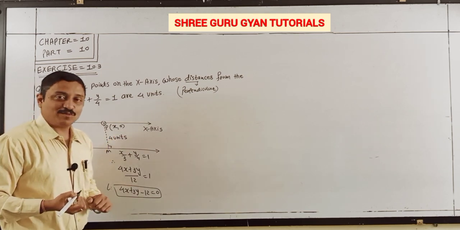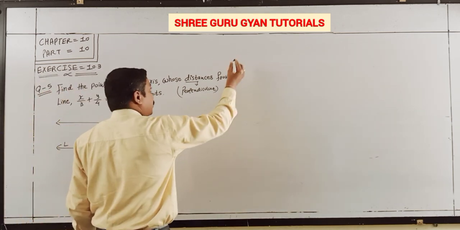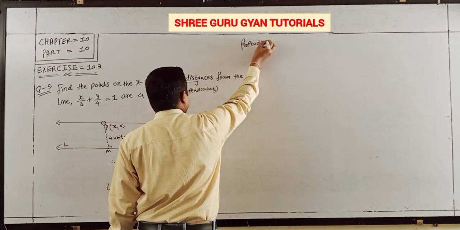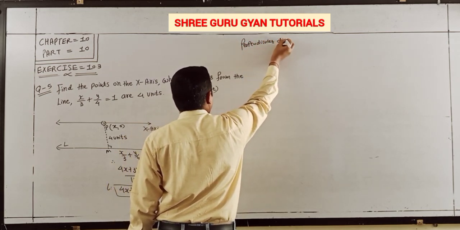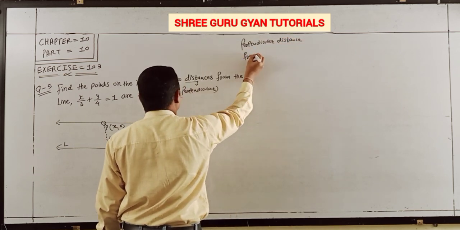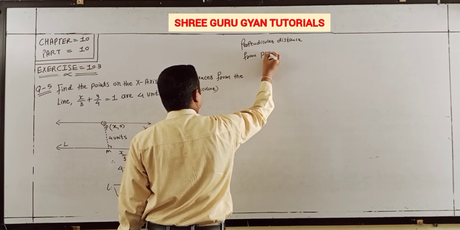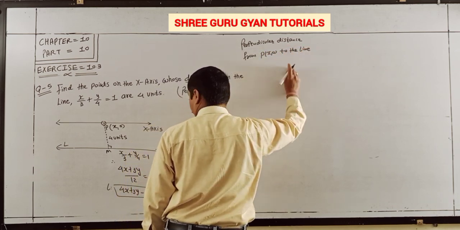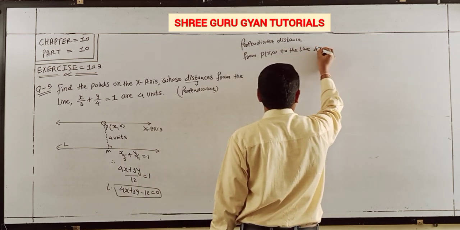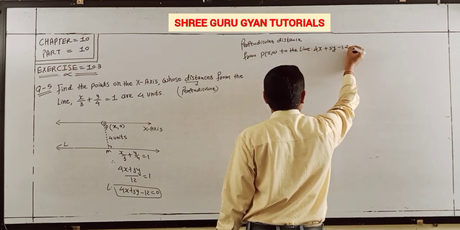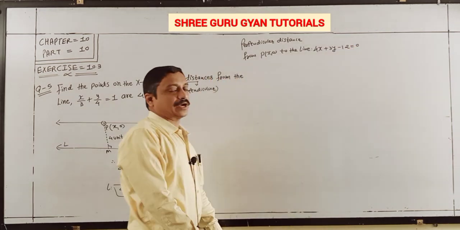That means I go to the formula. The perpendicular distance from the point (x, 0) to the line 4x plus 3y minus 12 is equal to 0.